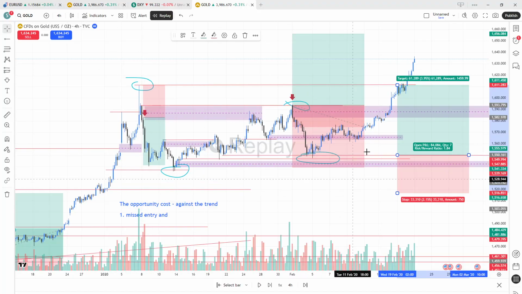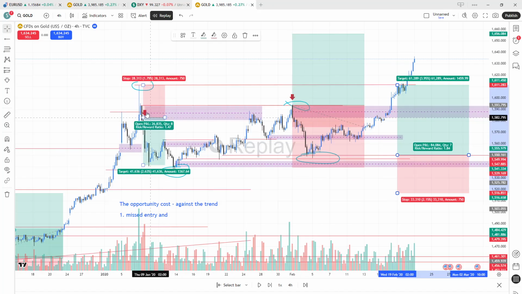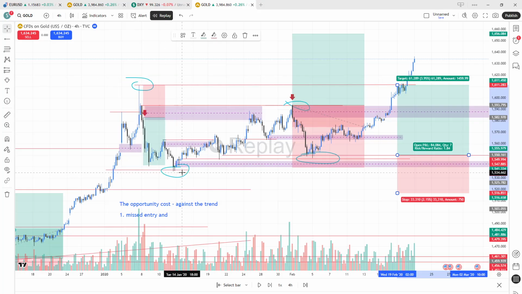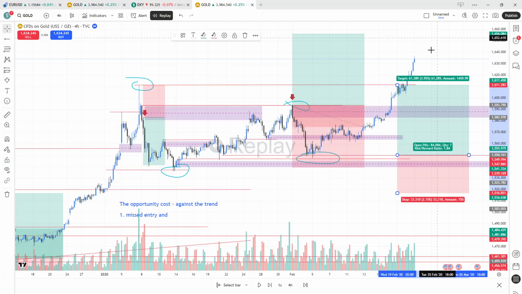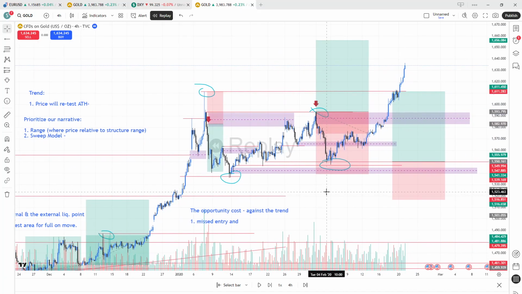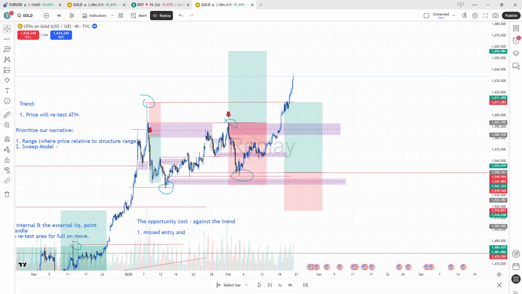This is just a consolidation after the breakout. So we only have pretty much one chance to get in here. Actually, two chances because we do know that there's a sweep down here and then another sweep down here before that continuation. So I hope that clears that up for you guys.